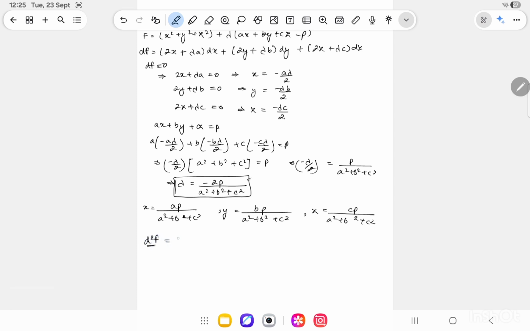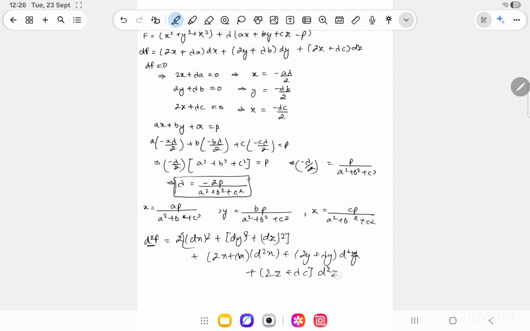Now let's check the double derivative sign. So the double derivative will be basically 2 times (dx square plus dy square plus dz square) plus (2x plus lambda a) into d square x plus (2y plus lambda b) into d square y plus (2z plus lambda c) into d square z.